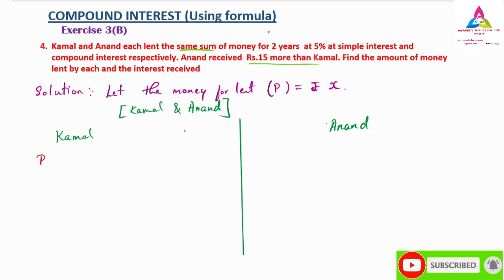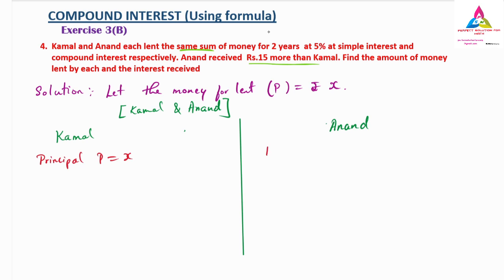So according to that we will write for Kamal. The principal amount P is equal to X, because we have already taken X. Here also the principal amount is the same, P is equal to rupees X. Both of them have kept the same amount. The rate of interest is also the same, that is R is equal to 5%.